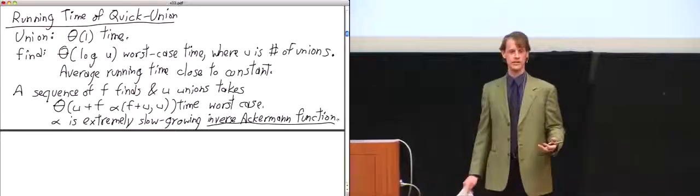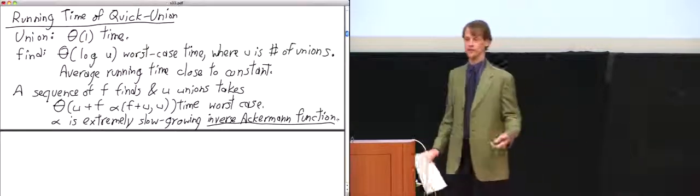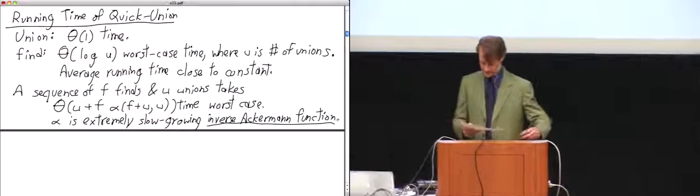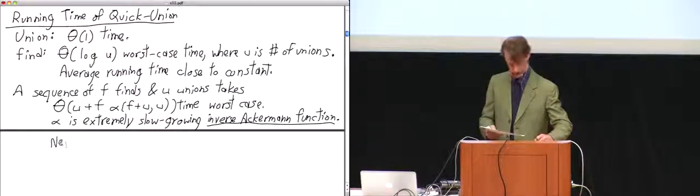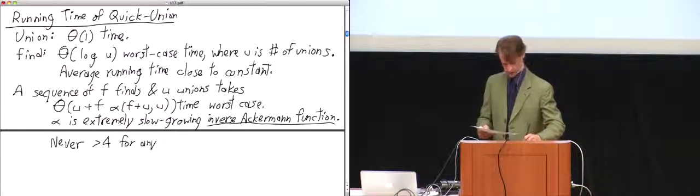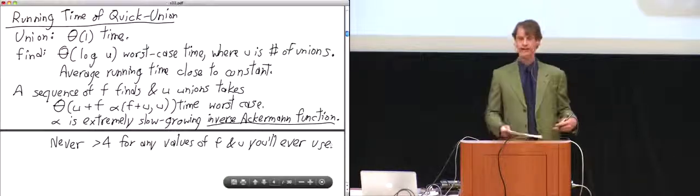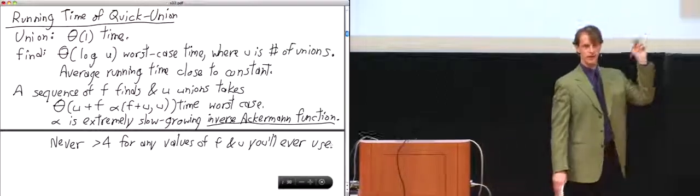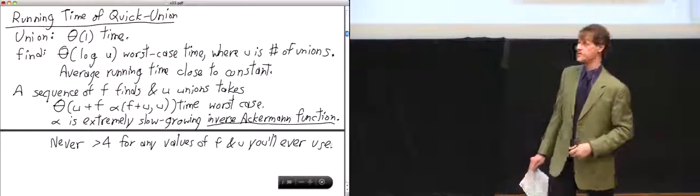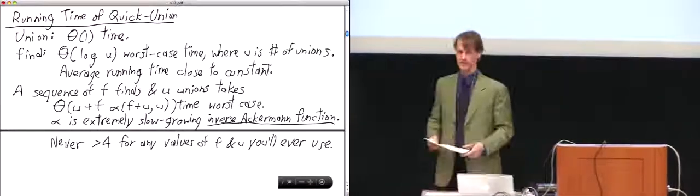It's one of these functions that mathematicians throw around to give you pathological examples of just how slowly a function can grow. Essentially, this function is never greater than 4 for any values of f or u that you could ever do in a lifetime on one computer. Technically, in the limit as f and u go to infinity, so does the inverse Ackermann function. It just gets there so slowly that the universe will have reached heat death before it gets to 6.